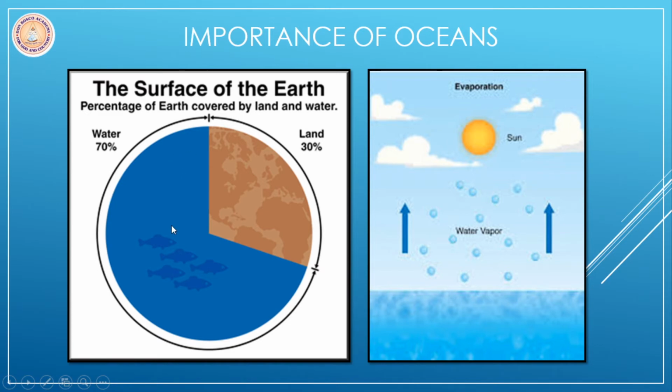That is almost 3/4 of the total surface of the Earth, while land is only 30%. Now, oceans are a source of moisture. Winds blow over the oceans, carry the moisture, forming water vapor, which causes rainfall.